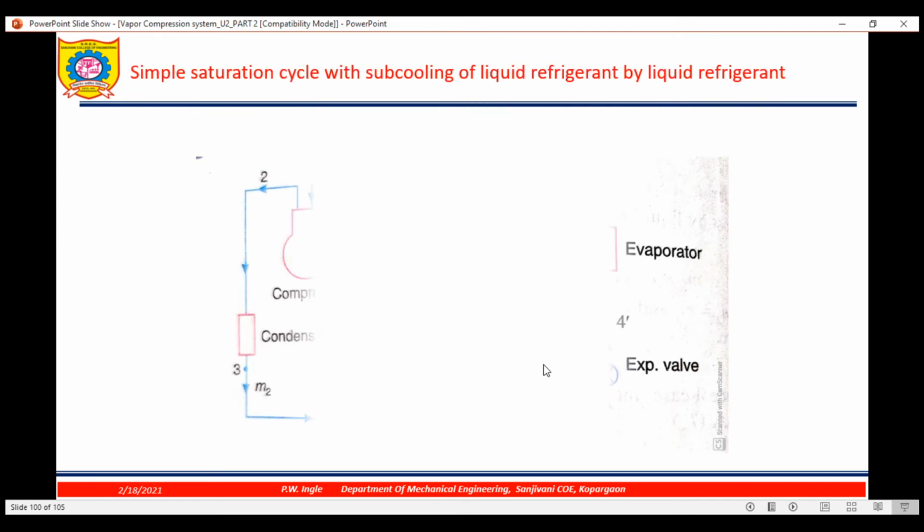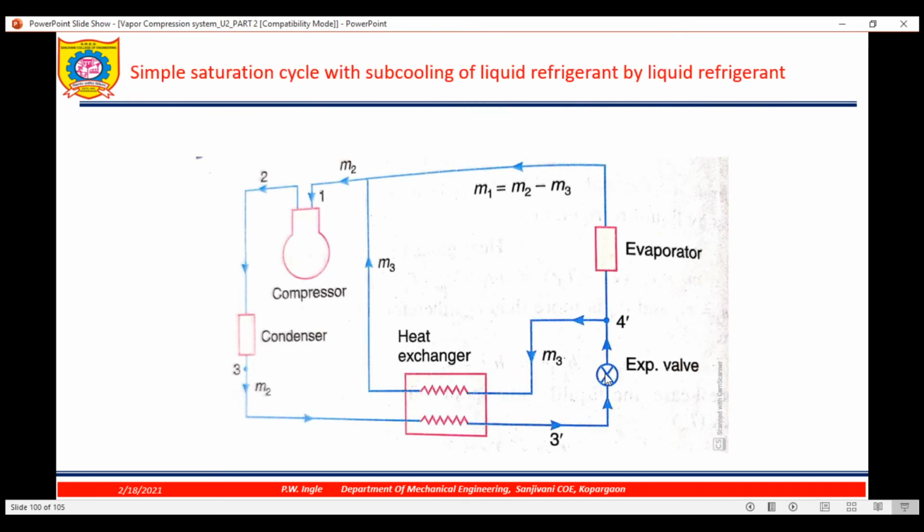What we are doing here is very important. There is a partial expansion. Because of expansion, there is a partial evaporation, because during the expansion process the pressure of the refrigerant reduces. Because of the pressure drop, some liquid refrigerant coming from the condenser may evaporate. Correct?